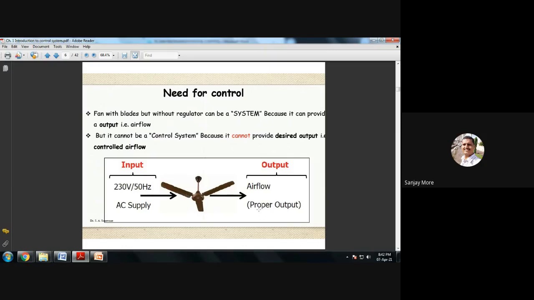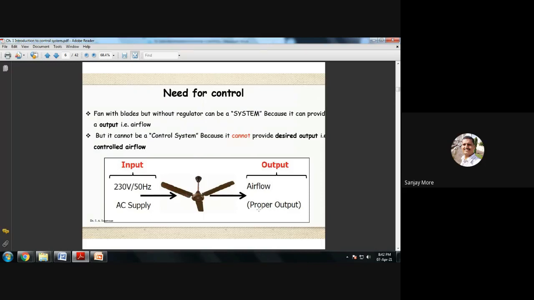The fan blades can give output, but without regulation of the system. Means the fan gives you output as airflow. But if you have not used the control system, you do not get the desired output.